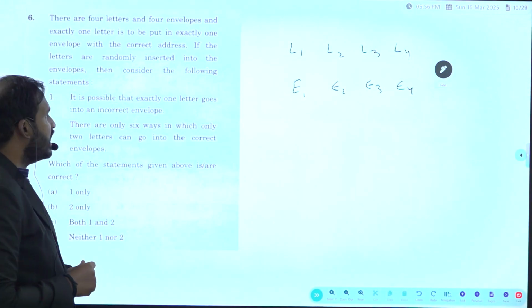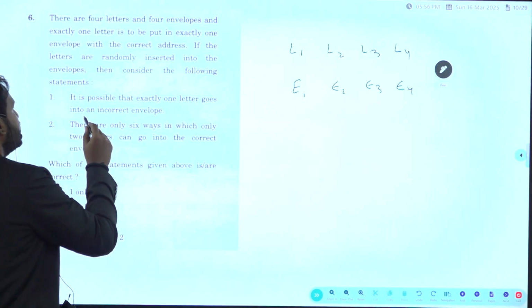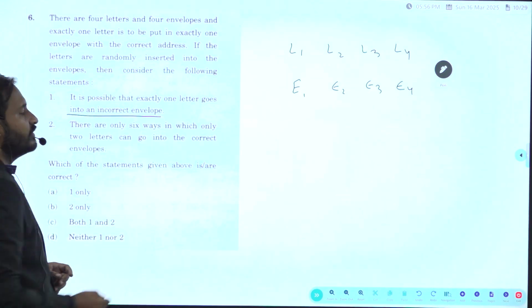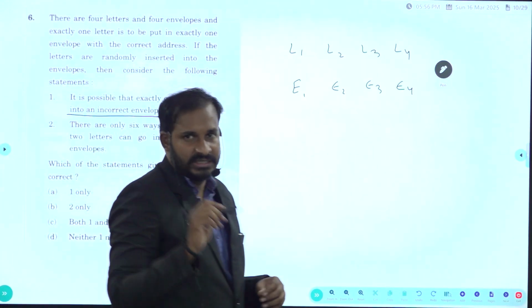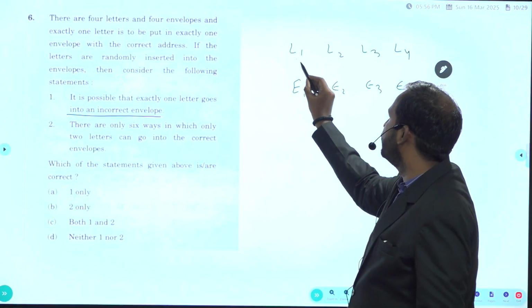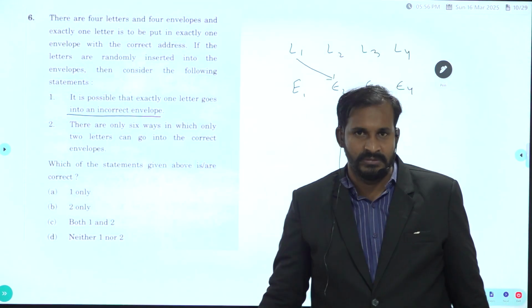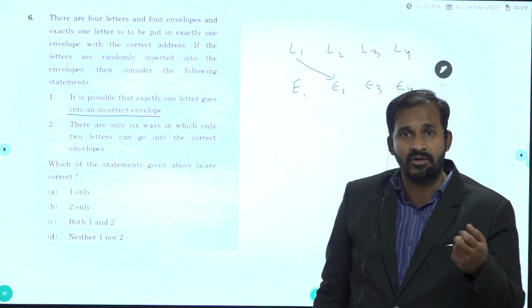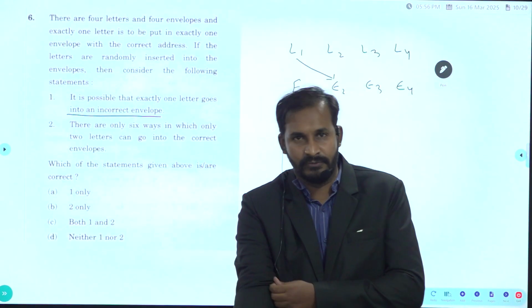Okay, good. Now they are asking us to read the conditions. It is possible that exactly one letter goes into an incorrect envelope. Now see here. Out of 4, if I disturb 1, that means, for example, I put letter 1 in E2, which is a wrong pair. Assume that is a wrong pair. I should not put L1 in E2.